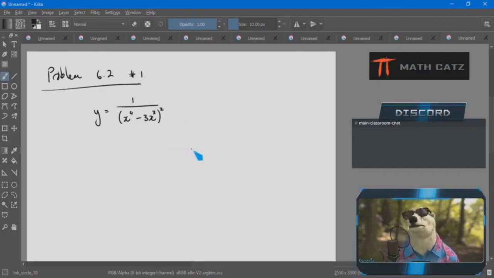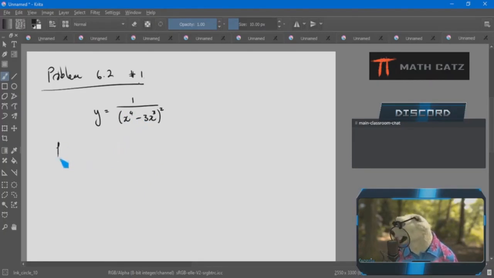The very first thing to do is to be able to very quickly and easily recognize when I'm working with a function of a function, a composition. There won't always be brackets to give it away, but in most cases there's some sort of bracket or square root containing something else, like in this case.